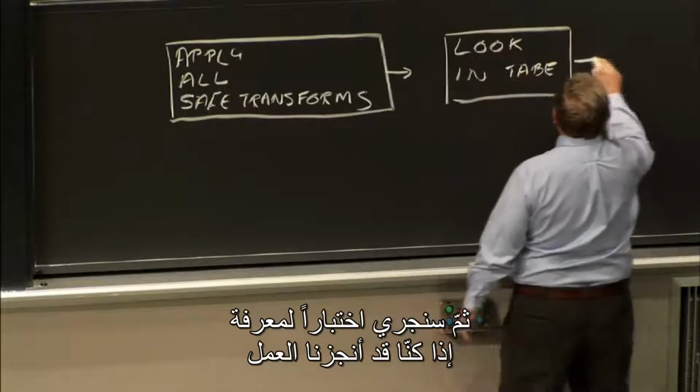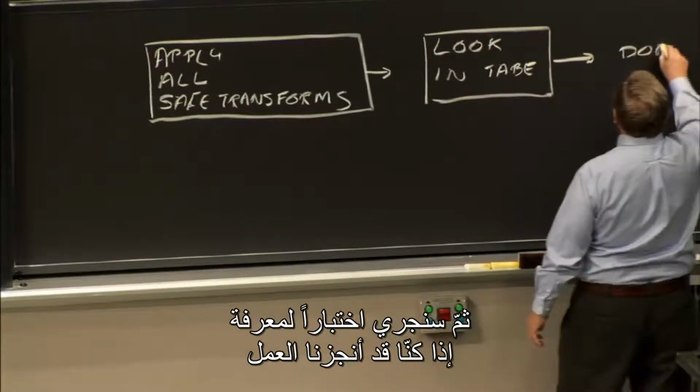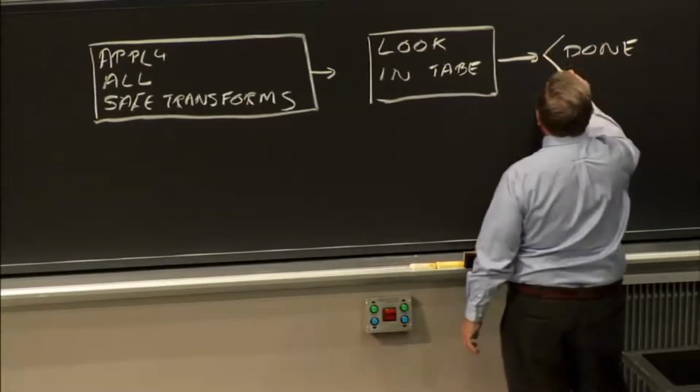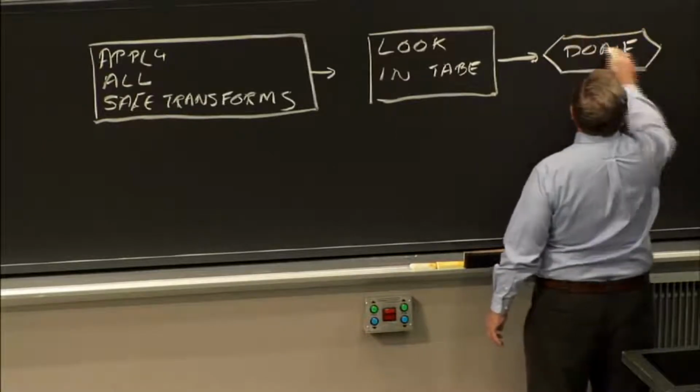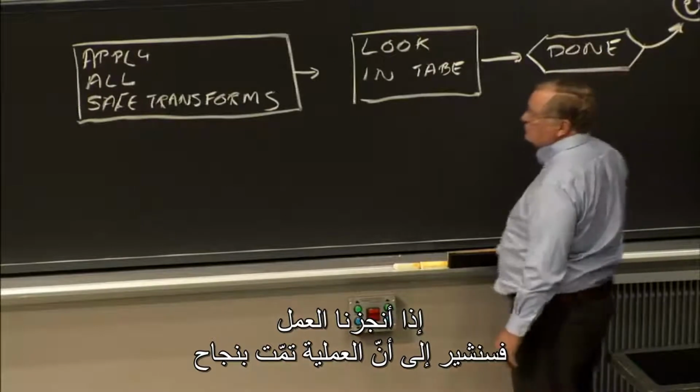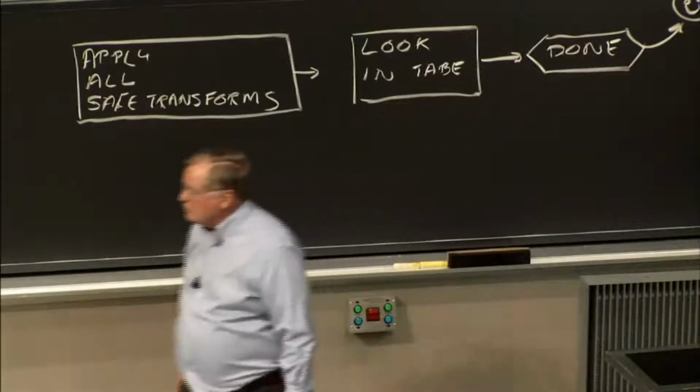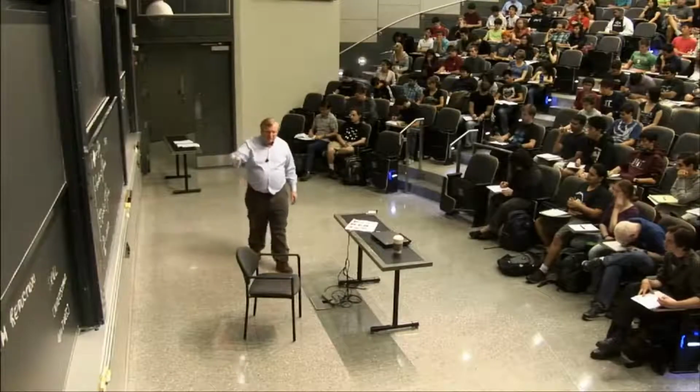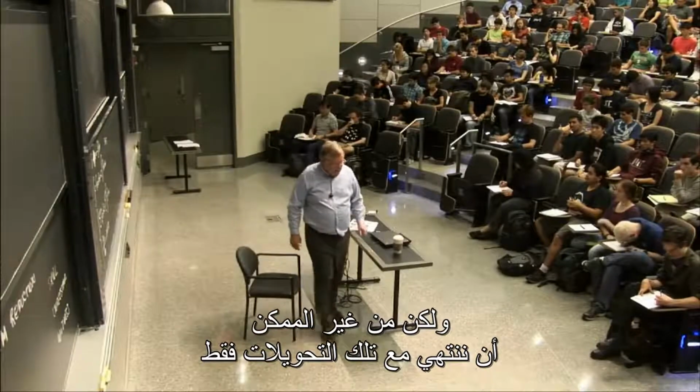And then we're going to do a test to see if we're done. And if we are, we report success. But we're not likely to get done with just that stuff.